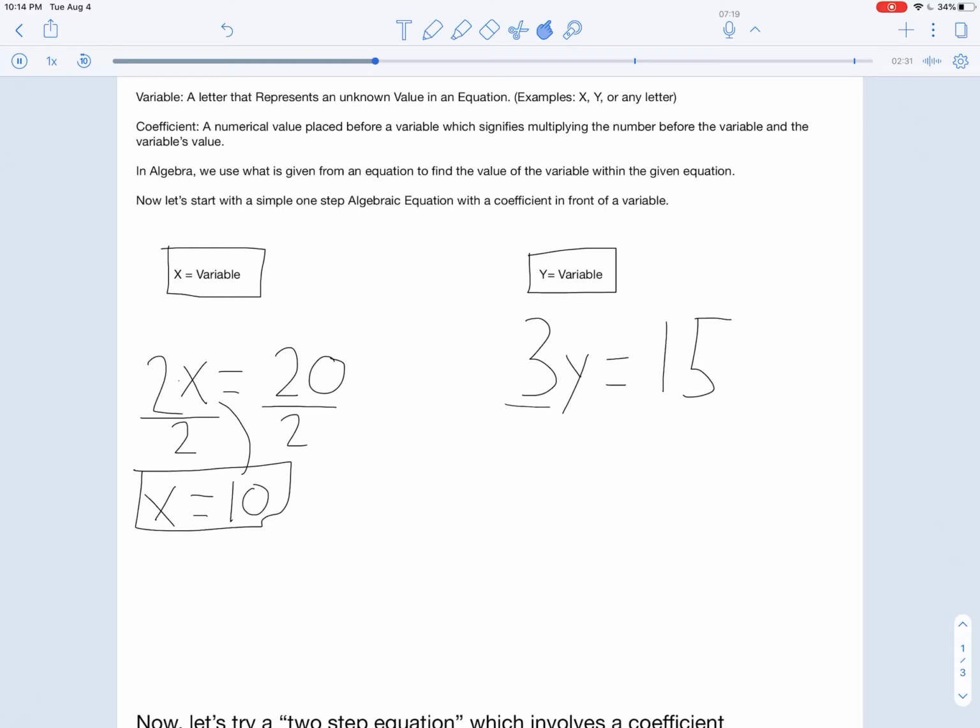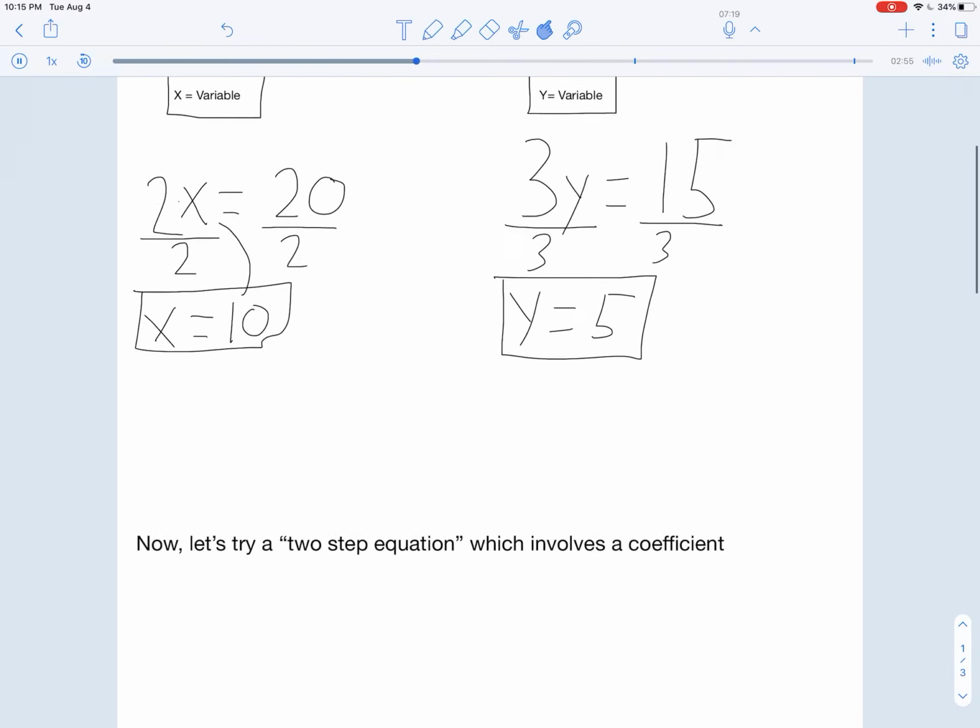And that means that we divide both sides by 3 to find just what y equals. 15 divided by 3, y is equal to 5. Now we can plug it back in. 3 times 5, so we plug in the 5 for y, is equal to 15. And that's when we know that our answer is correct.